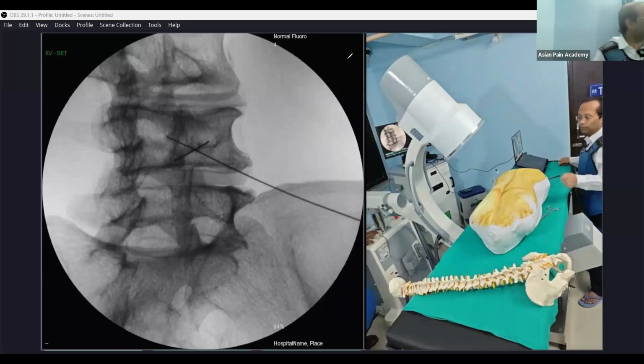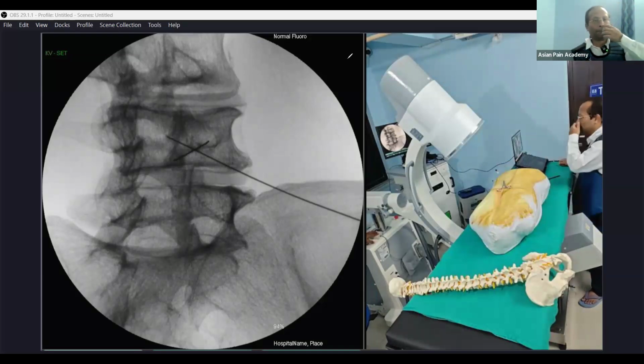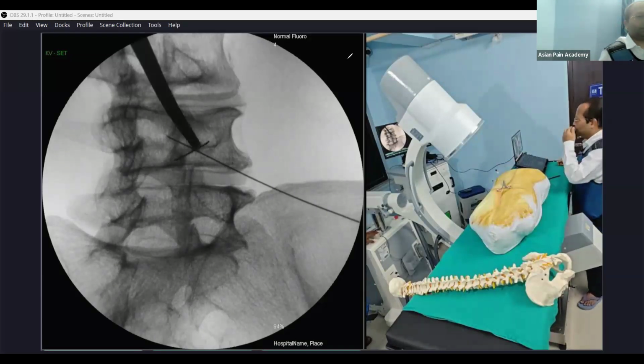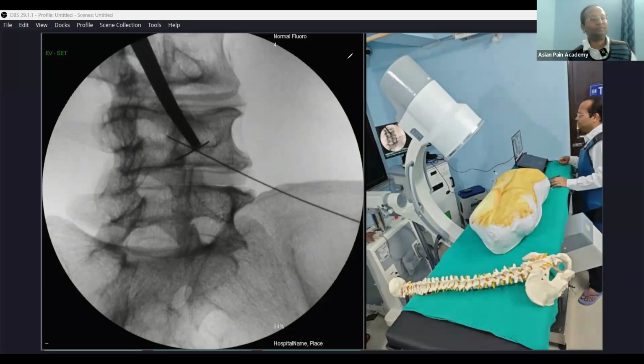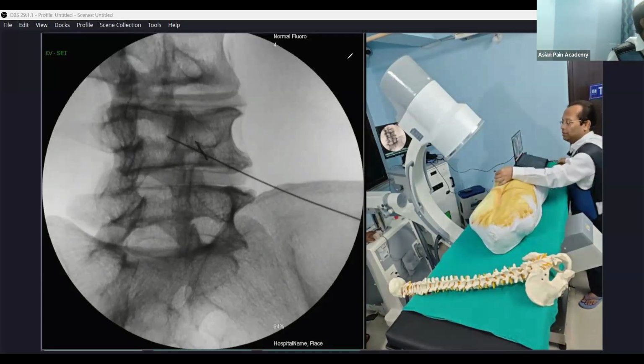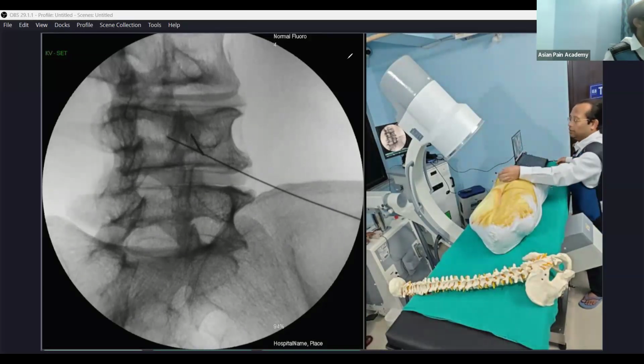Let me check again whether my entry point is correct or not. So the entry point is correct. Here I am going a bit laterally, so I have to go a bit more medially, and I have to go a bit down.